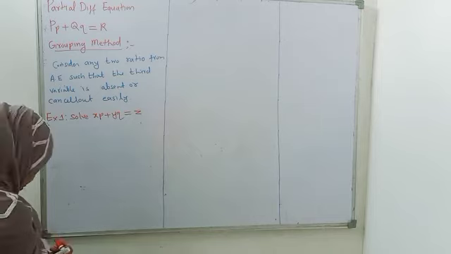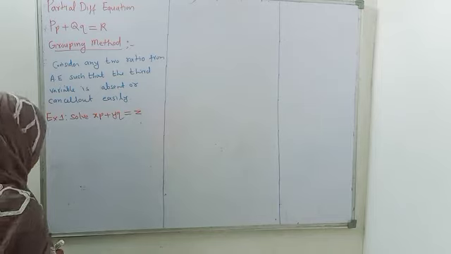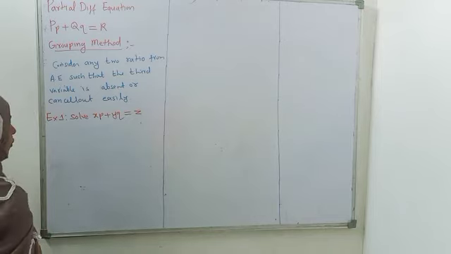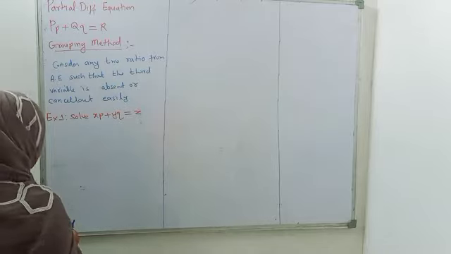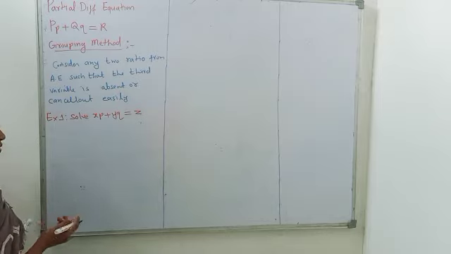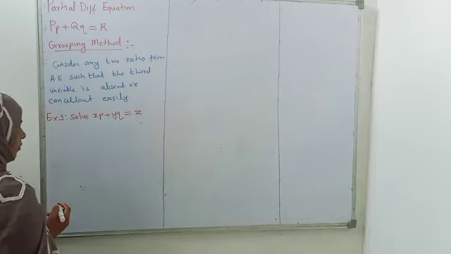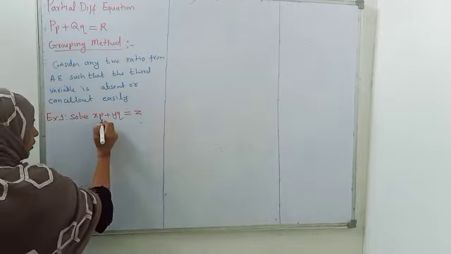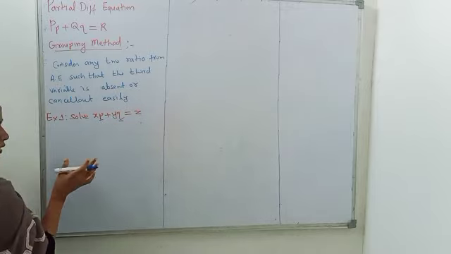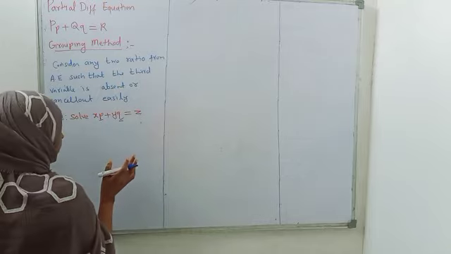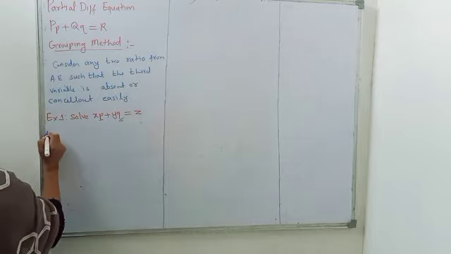To obtain the solution of this question, first of all you have to identify whether it is a linear partial differential equation, Lagrange's linear form. See here, this equation has small p and small q. So of course it is the standard form of Lagrange's linear differential equation.